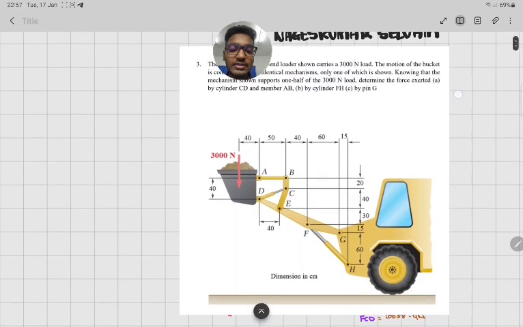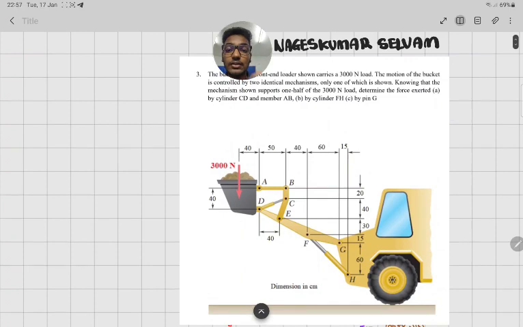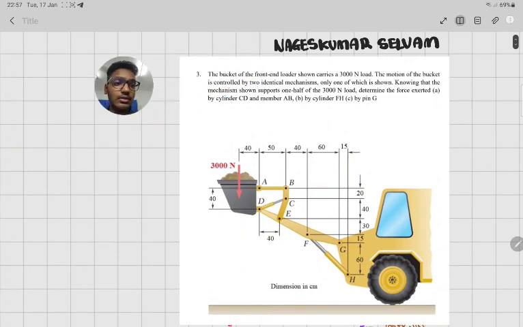Let's start doing question number 3. So first let's take a look at the question. The bucket of the front end loader carries a 300 Newton load. The motion of the bucket is controlled by two identical mechanisms, only one of which is shown.